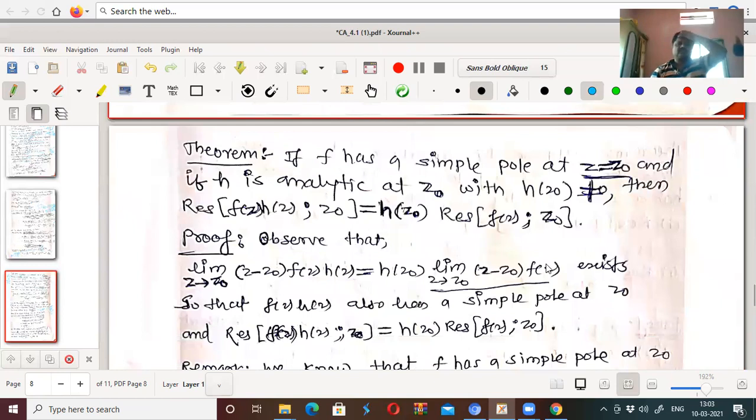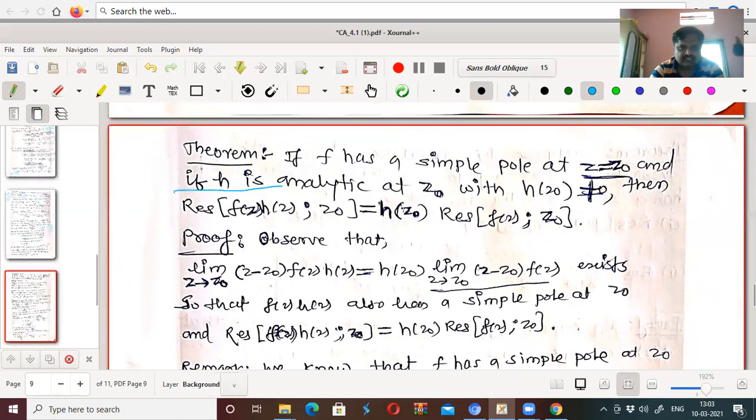Similarly, we have one more result here. If f has a simple pole at z0, and h is analytic at z0 with h of z0 not equal to 0, then the residue of f of z times h of z at z0 equals h of z0 times the residue of f of z at z0. What does this result say?